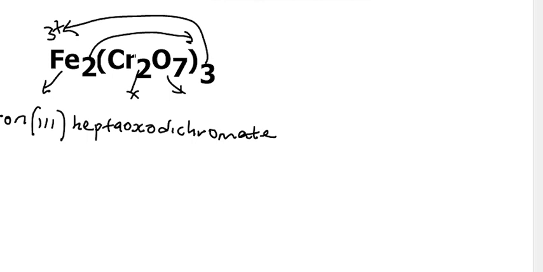The same thing we applied before. This, like we know, is plus 3. Then the chromium, we don't know. The oxygen is still minus. So I can say 7 times 2, 7 times 2 minus the charge of the ion, which is 3, should give me a total of 14.